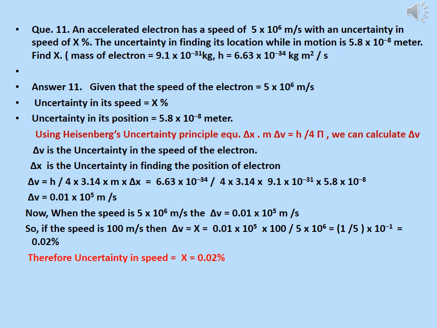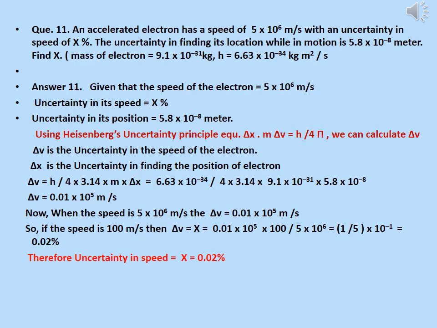Now, using Heisenberg's uncertainty principle equation, delta x into m delta v is h by 4 pi. We can calculate delta v, which is the uncertainty in the speed or velocity of the electron.